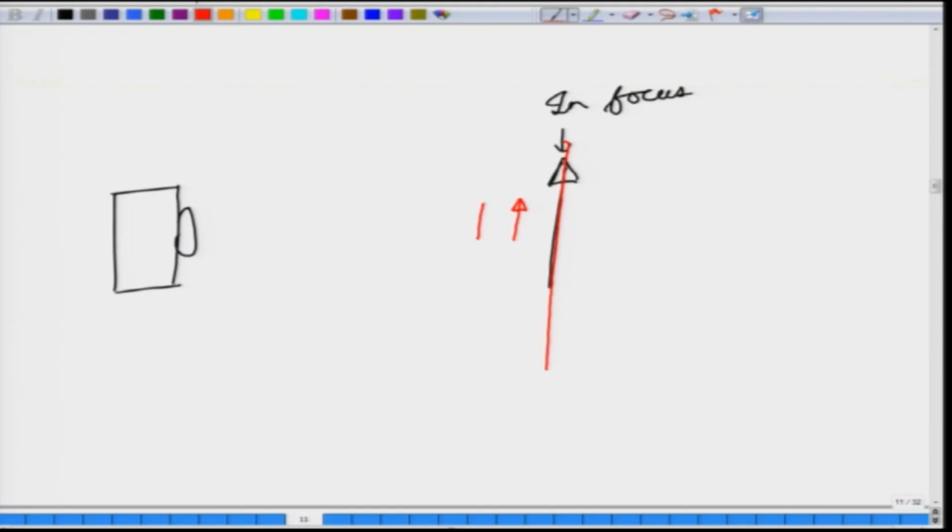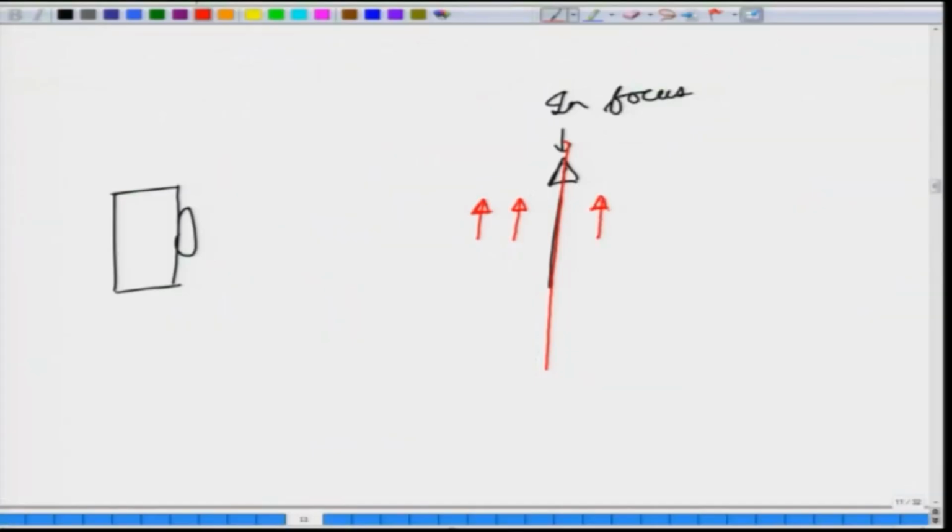Or if you have an object here, will this look in focus or not? So, what is the maximum distance till which this object will keep looking in focus, and not only in the front of the camera, but also at the back? Does this look in focus or not?